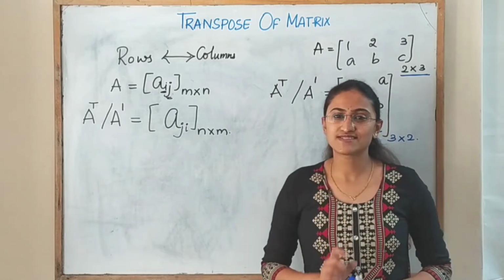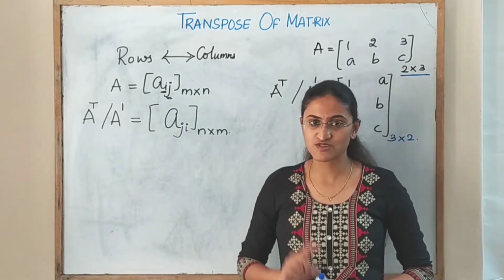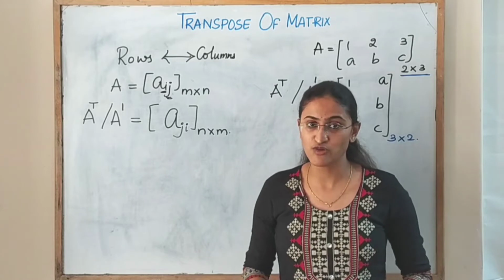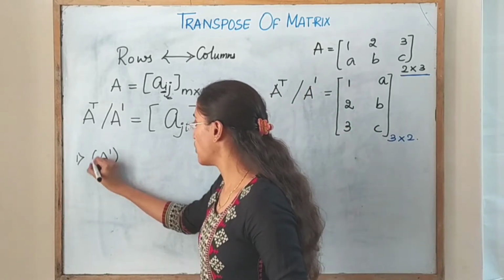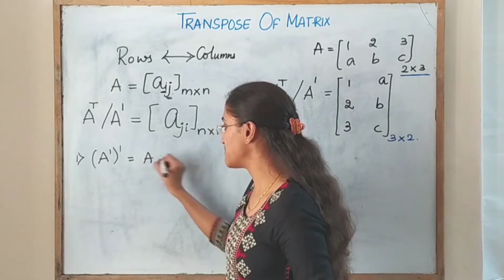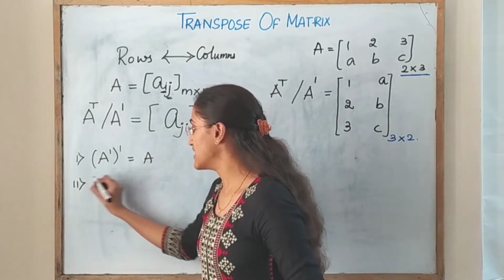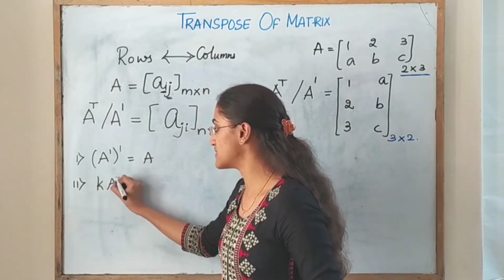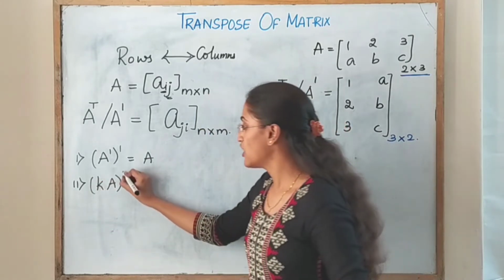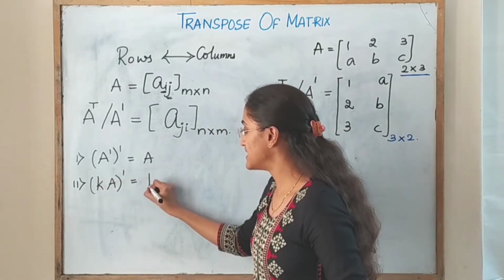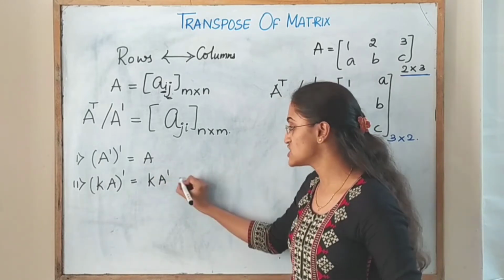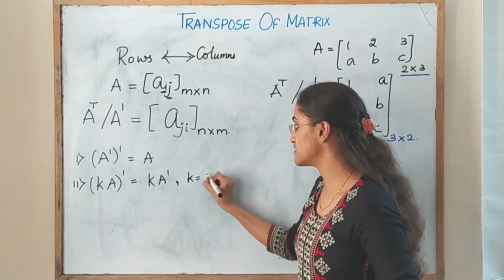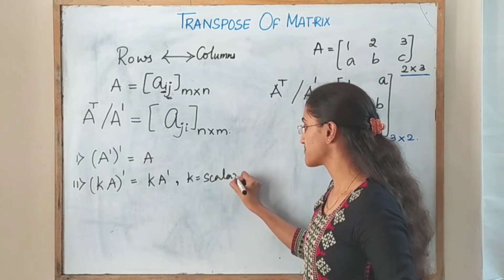Now, we have some properties of transpose of a matrix which we state without proof. The first one, A dash whole dash, gives us A back. The second one, a scalar which is multiplied with the matrix A whole transpose, you can take out the scalar and write it as K A dash, where K is the scalar.